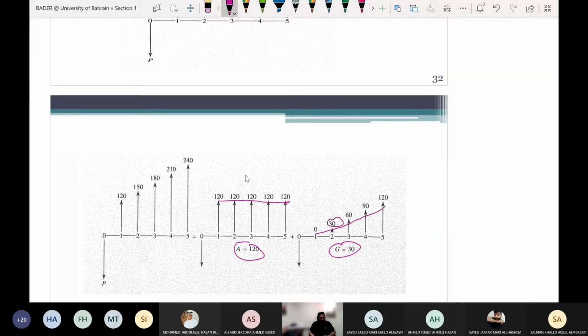If you double check, this is 30, so 150. 150 is the accumulation. And as I mentioned, we learned how to write this. I'm trying to find the P given A. If you look at this, find P given G. If you realize, this is the sign.